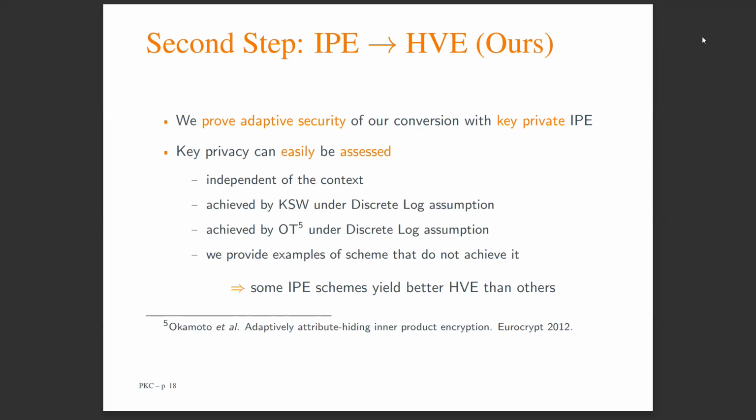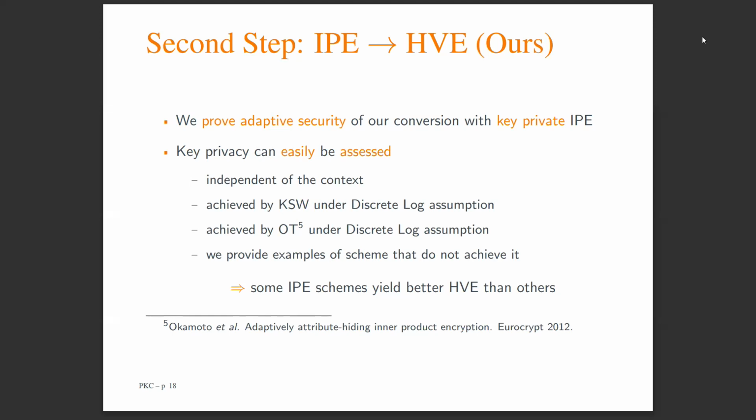So an important property is that it is a computational goal. It does not depend on the mean entropy of the pattern set, and we show in our paper that this property is actually already achieved by many important constructions of inner product encryption. For example, the construction proposed by Katz, Sahai and Waters, or the Okamoto-Takashima one, which achieves this property under the discrete logarithm assumption.